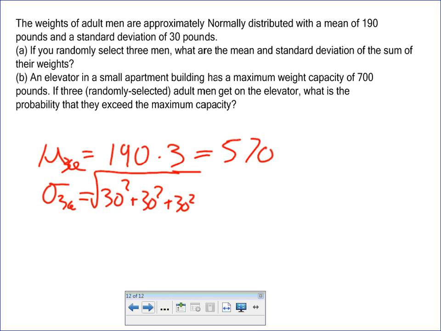That'd be fine. And if we take the square root of that, we get 51.96. Sorry, I don't know what happened there. So that's A.